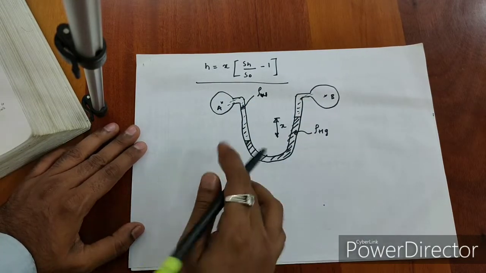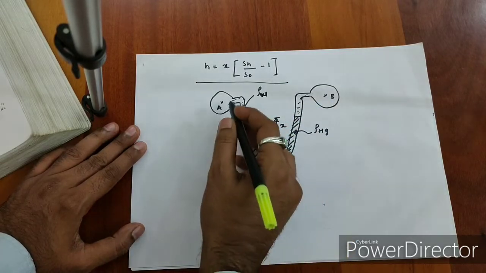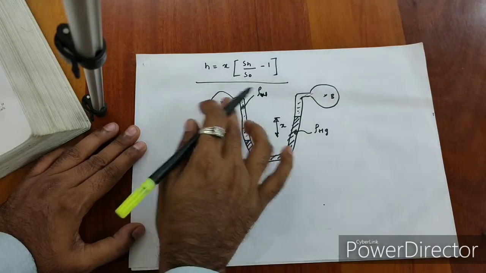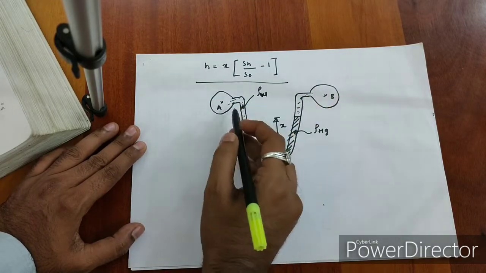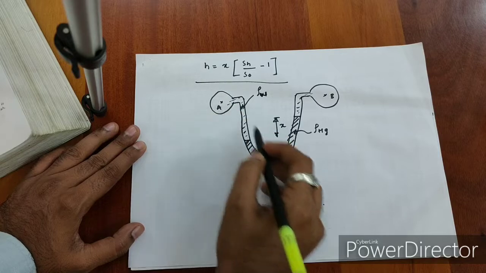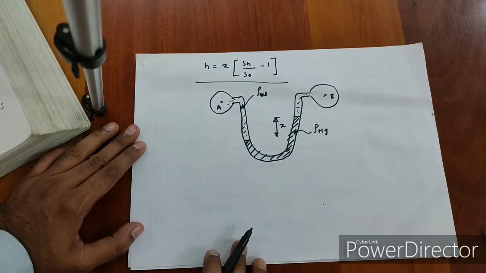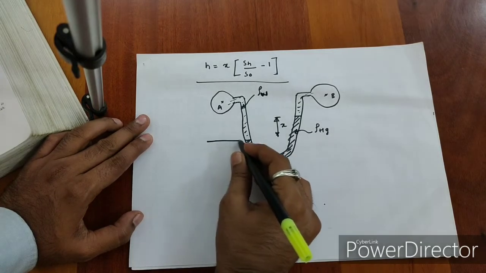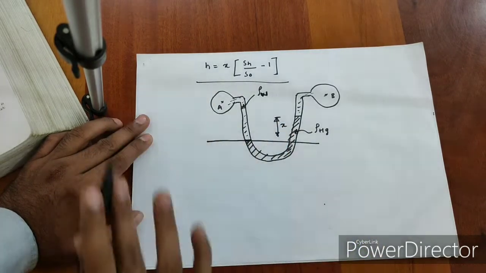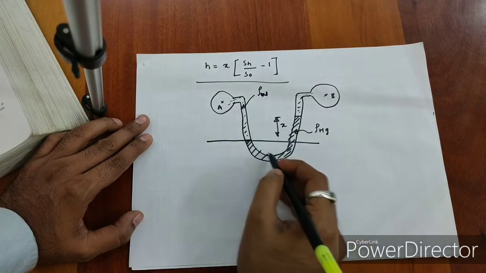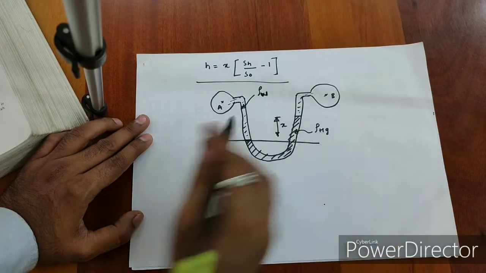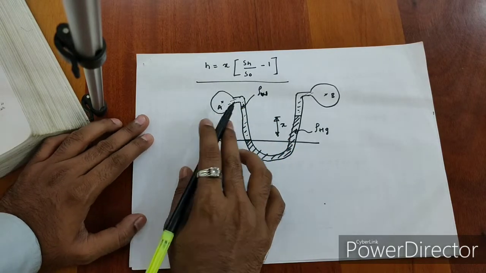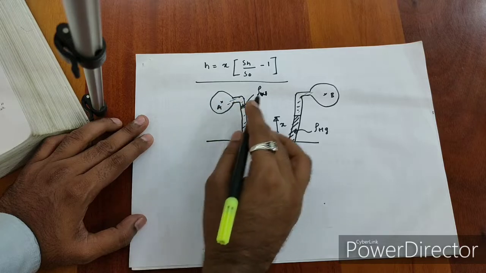For that I have taken this arrangement. This is a differential U-tube manometer. One end is connected to point A in the pipe, and the other end is connected to point B in the pipe. Here the manometric liquid is mercury, and let's say the liquid flowing in the pipe is water.